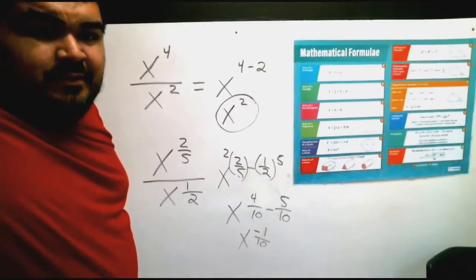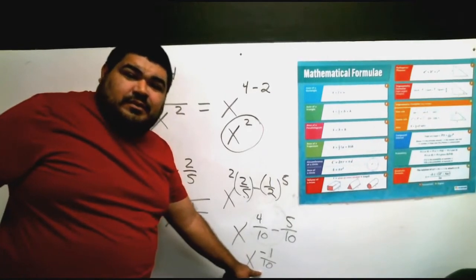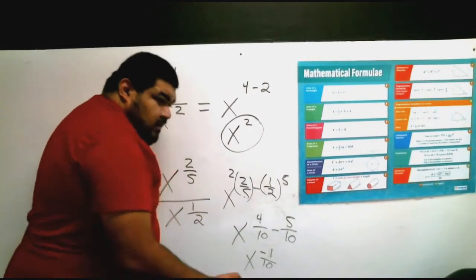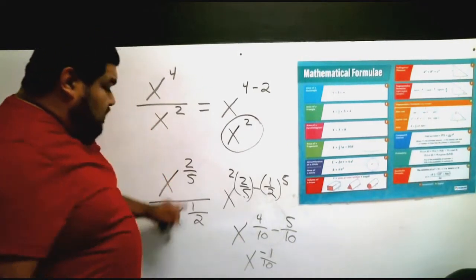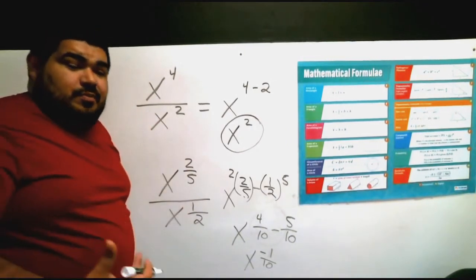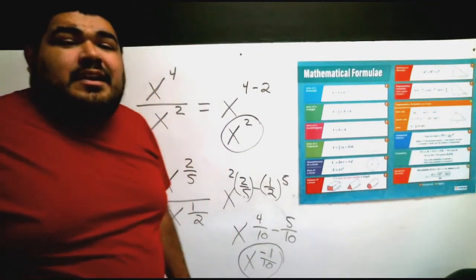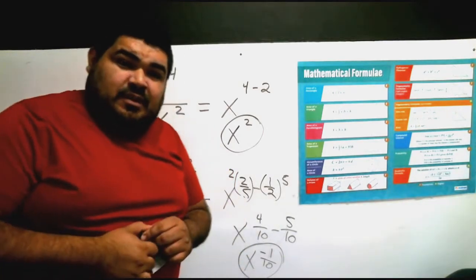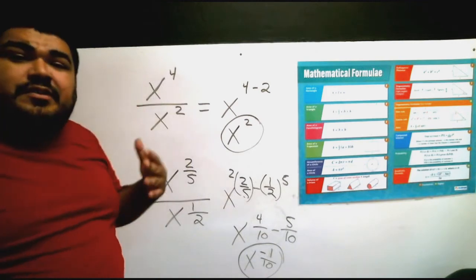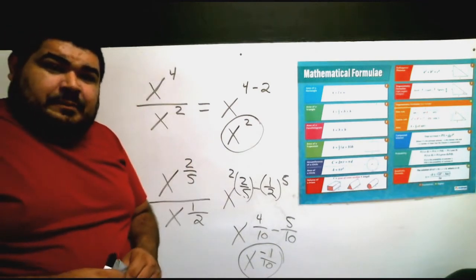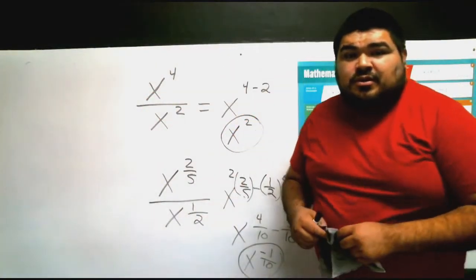Notice that we have a negative 1 over 10. That's fine. All we have to do is break it down from the original problem. So our answer is x with negative 1/10 as the exponent. And that is it. All we're doing is transferring, or converting, in other words. Make sure you write down the notes. Make sure you have it all down.